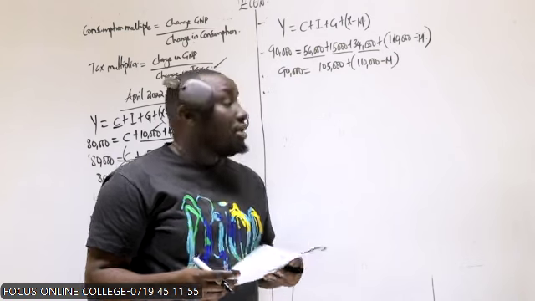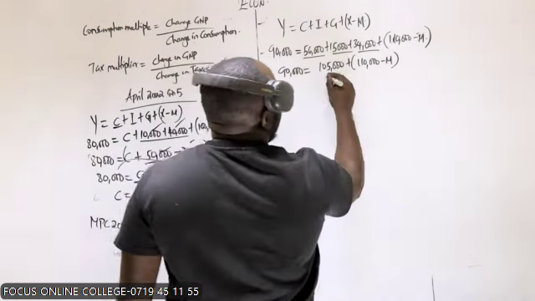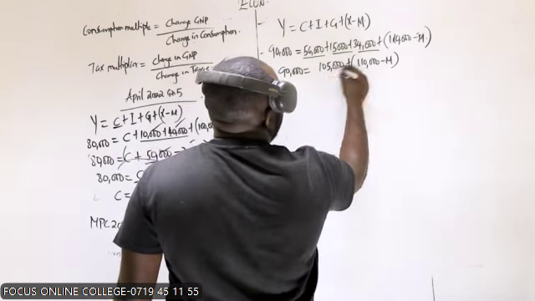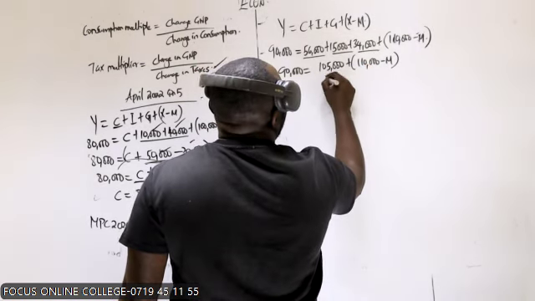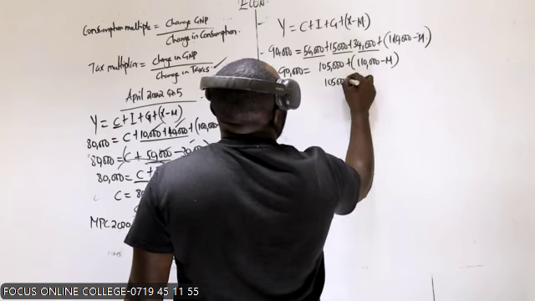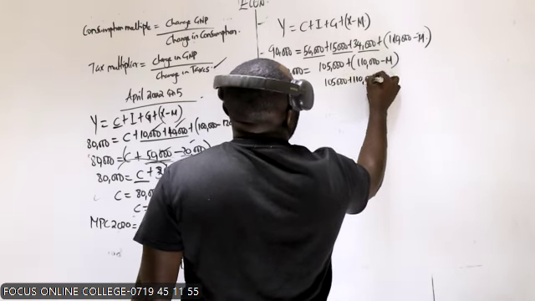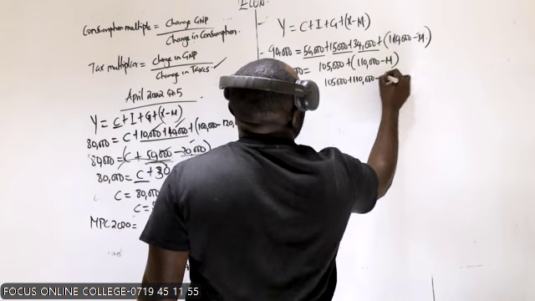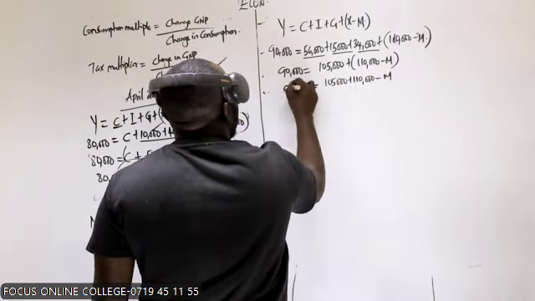Perfect. I can now break this. When I break it, I have 105 plus 110 minus M is equal to 90.